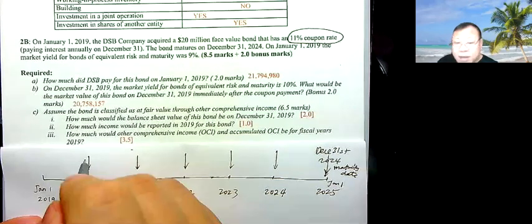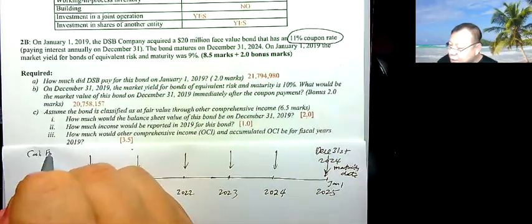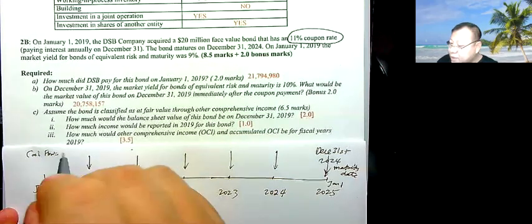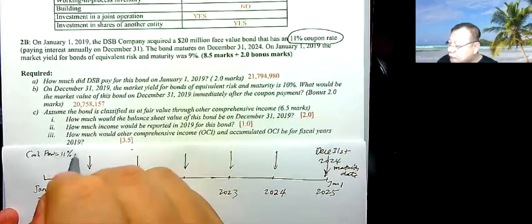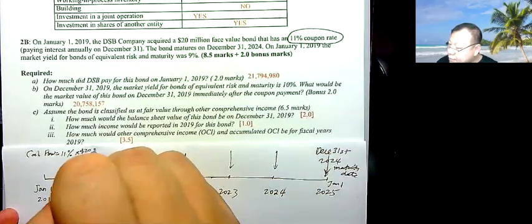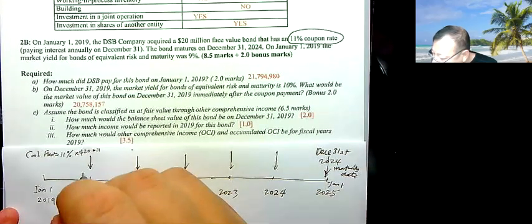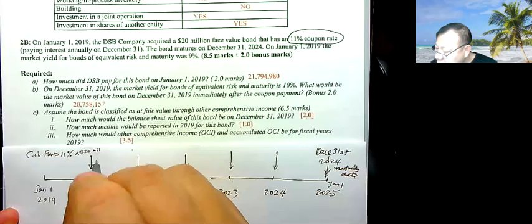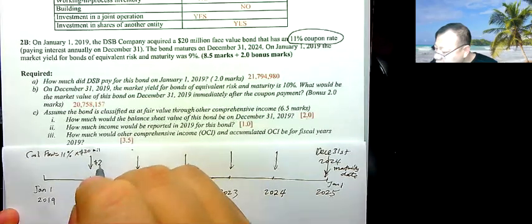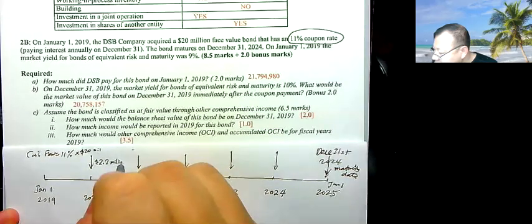And the amount of this cash flow, you are using the coupon rate 11% times face value 20 million. So that's going to be 2.2 million. Cash flow would be 2.2 million at the end of the year, right?